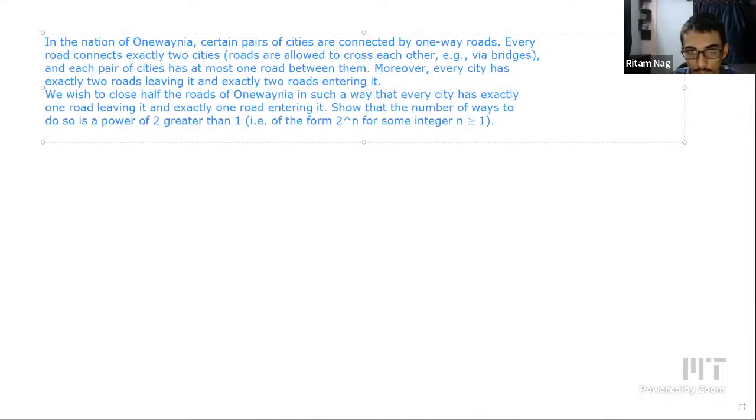If we assume n vertices, then the problem is equivalent to saying the directed cycles of length... No, the entire graph need not be one single directed cycle. It's going to be a union of directed cycles, right? After deleting the edges, or even before deleting the edges, the vertices need not be connected.